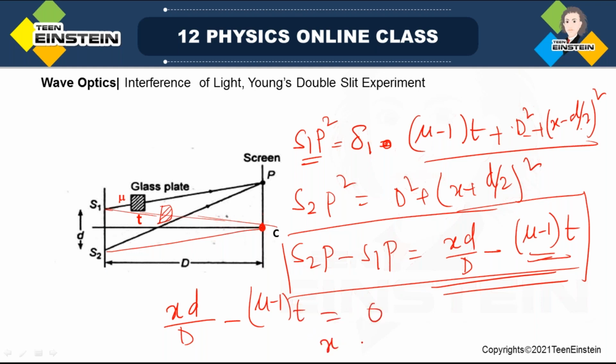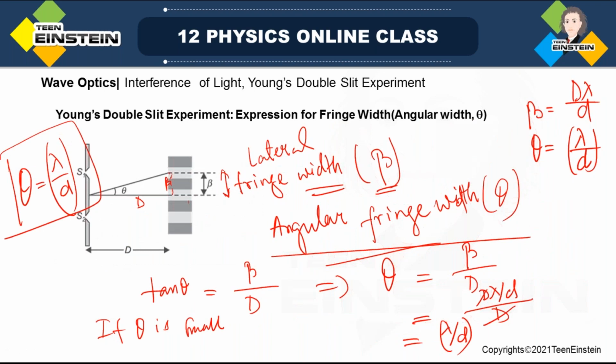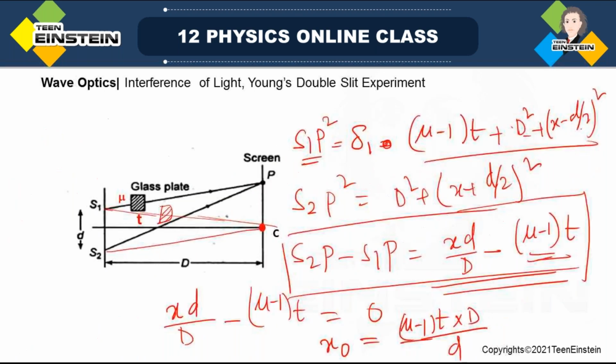So you will find the central fringe position x0, I'll write, as (mu minus 1) into t into capital D by small d. So this much distance it will be shifted. And we have found out the expression for beta as well. So we can write this shift in terms of beta.